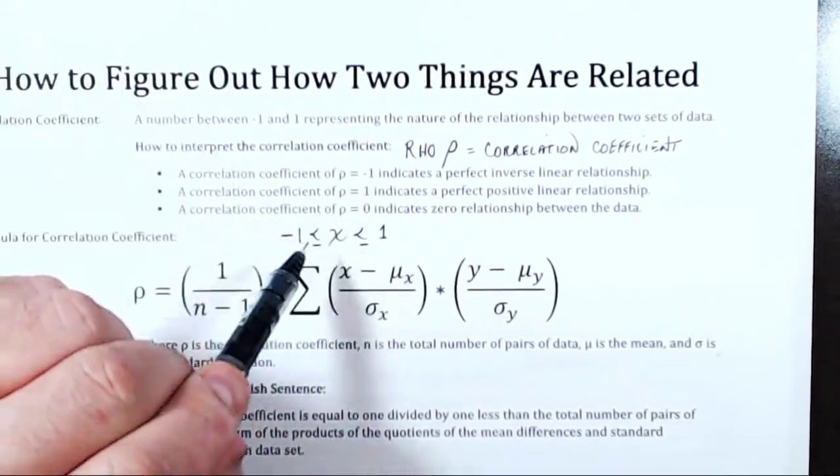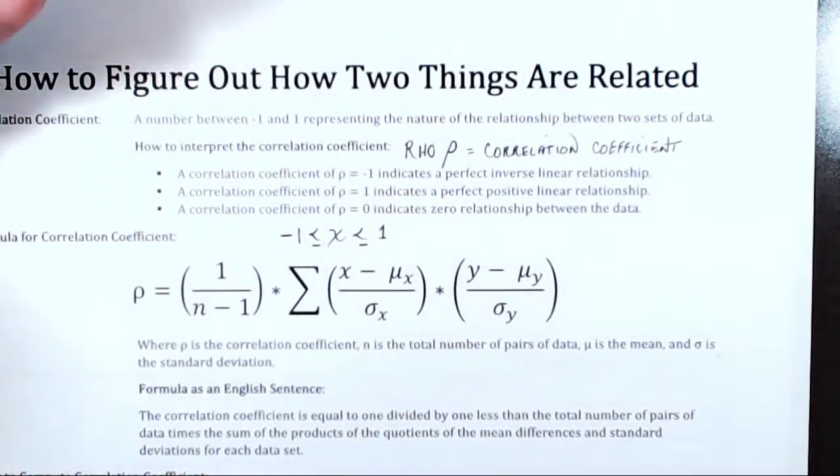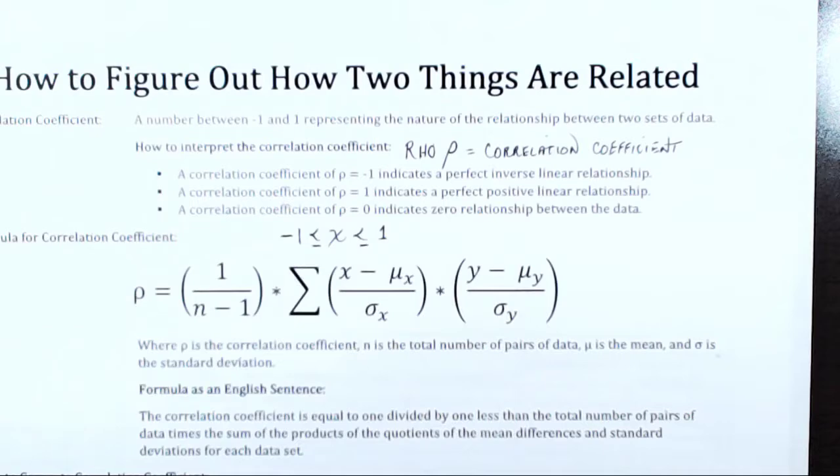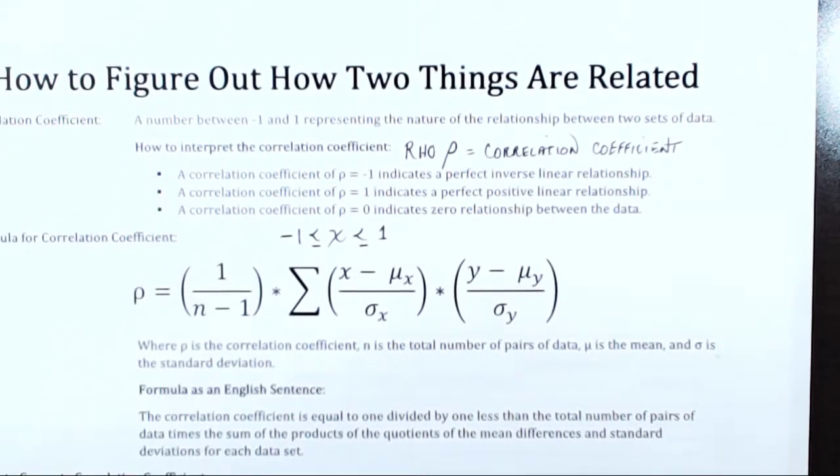And we're going to talk about 3 special cases of the correlation coefficient before we begin the actual computation, just so you get an idea of how this is going to work.